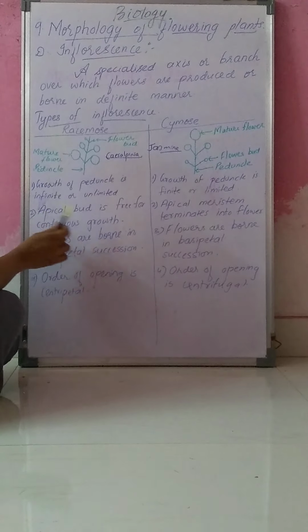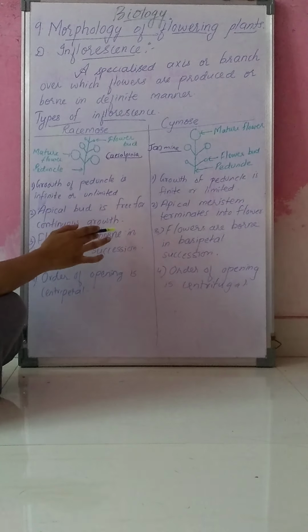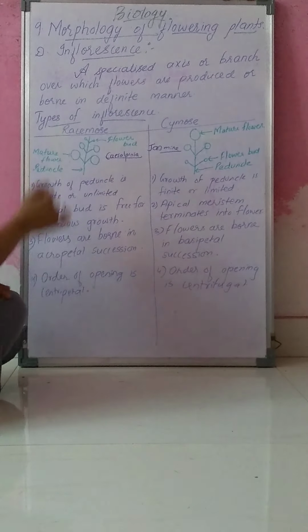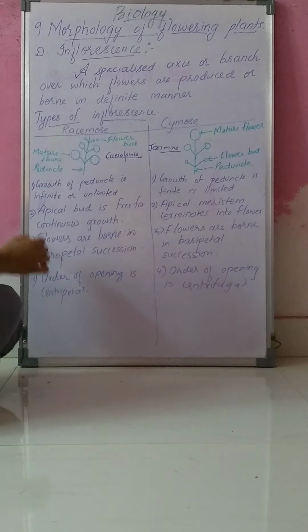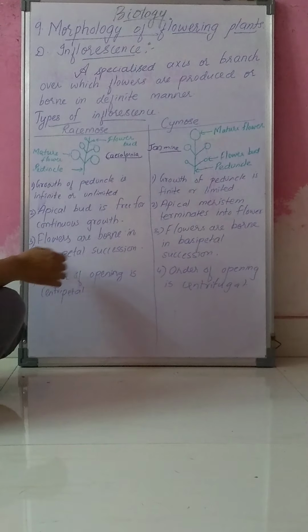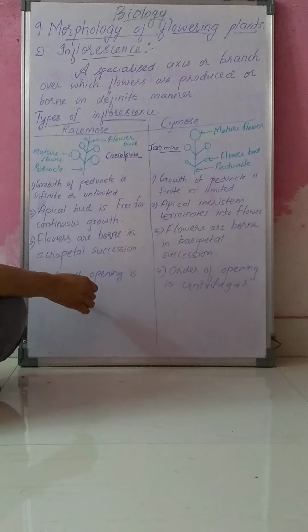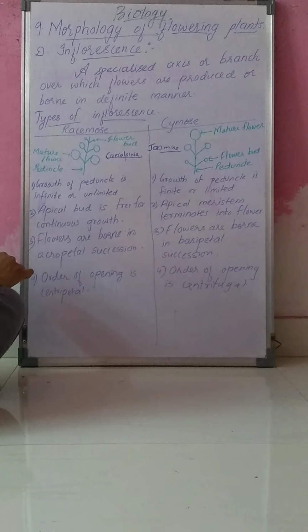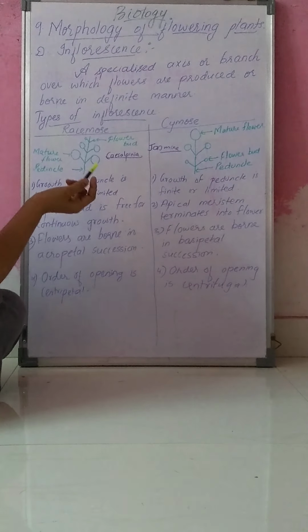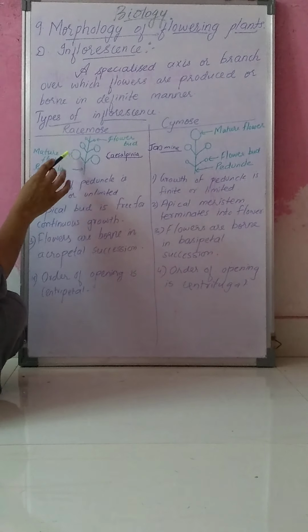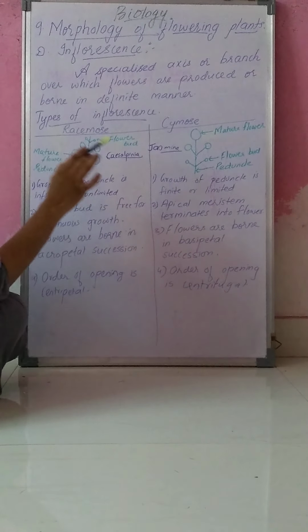Okay, then second point is apical bud is free for continuous growth, whereas for cymose inflorescence apical meristem terminates into flower. Third point is flowers are born in acropetal succession, and here third point is flowers are born in basipetal succession. And the fourth point is order of opening is centripetal, and for cymose it is order of opening is centrifugal. And one more, if you want to add a point, then you can write example of it, and one more extra point is you can draw the diagram of racemose and cymose.